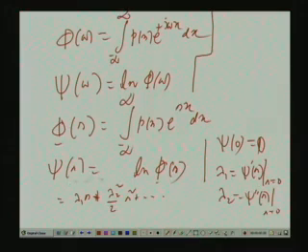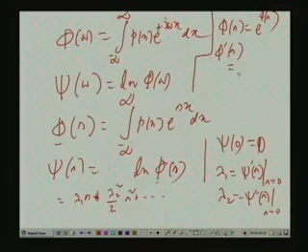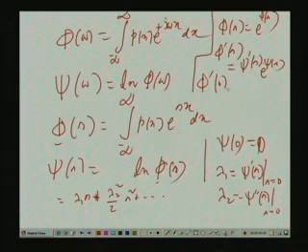We know that psi s is ln phi s, or phi s is e to the power psi s. That means phi prime s is nothing but psi prime s times e to the power psi s. So, at 0, e to the power psi 0 is e to the power 0, which is 1. So, this is nothing but psi prime 0, which equals phi prime 0.